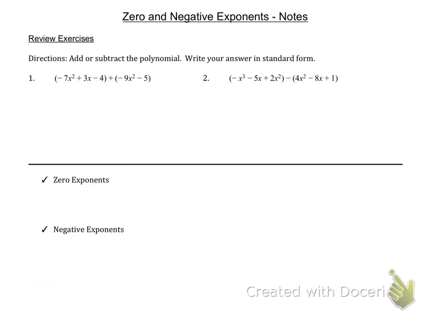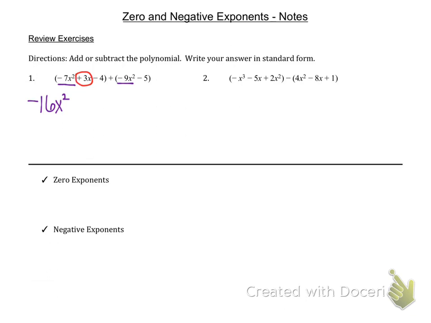So for number 1, I notice that I'm adding the two polynomials, so I'm just going to combine like terms. So I have negative 7x squared plus a negative 9x squared, which is a negative 16x squared. Then I have just this one x term.